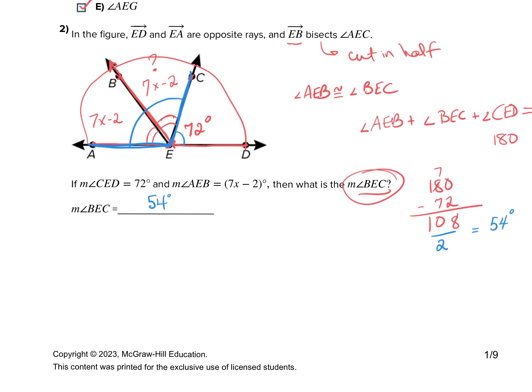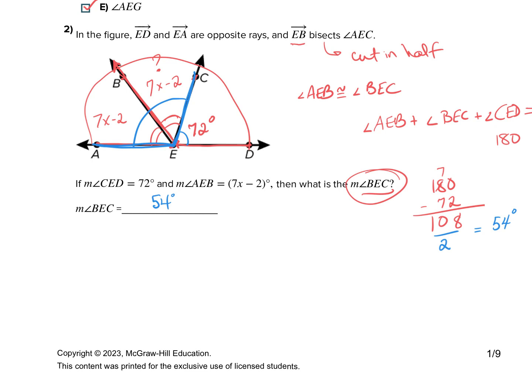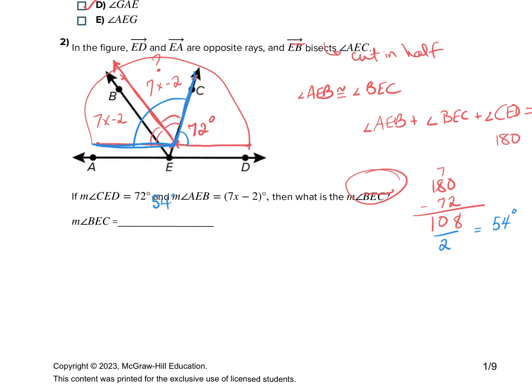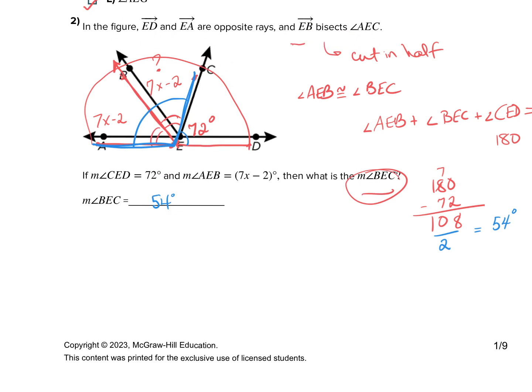Now, if you hadn't thought of that, we can do the algebra. So the algebra would tell me that 7x minus 2 plus 7x minus 2 plus 72 equals 180. So here I can combine like terms.